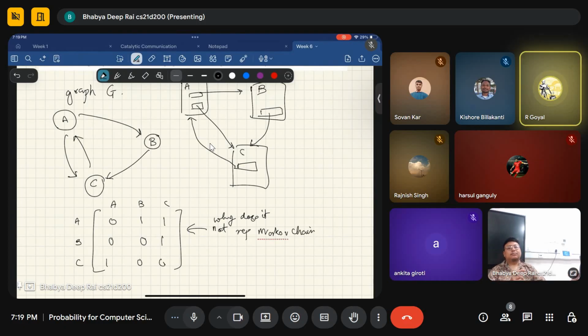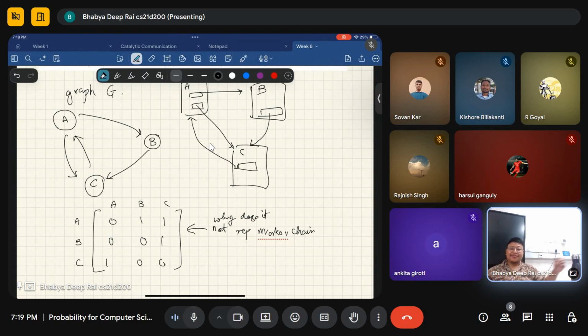Because this transition, the sum of the rows is not equal to 1. Yes, right. So in a Markov chain, you cannot move to two different states with probability 1 both. That will be against the spirit of how Markov chains work.